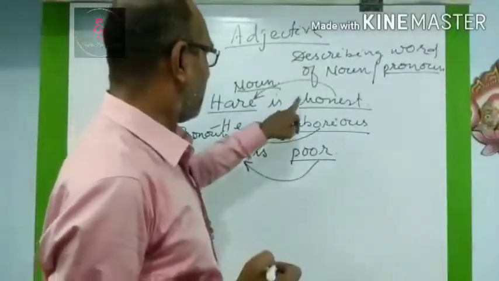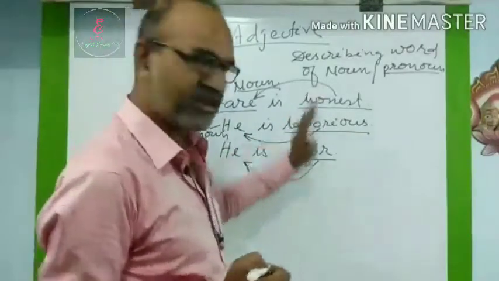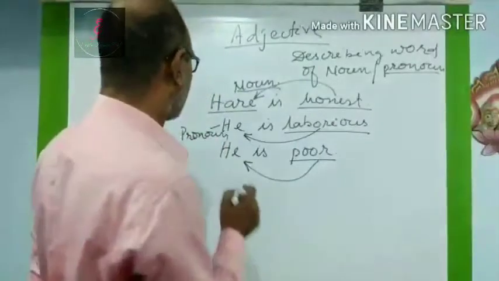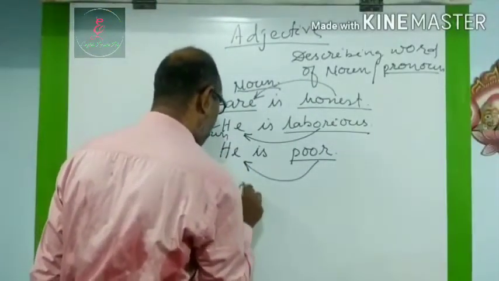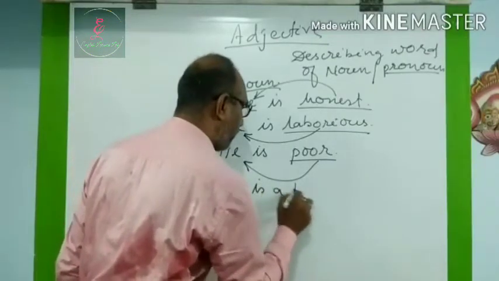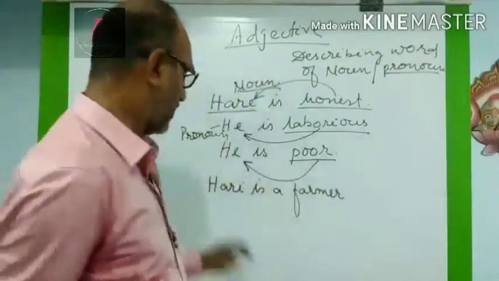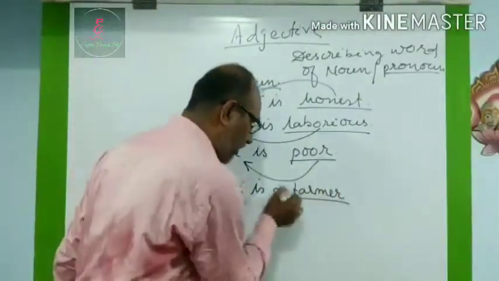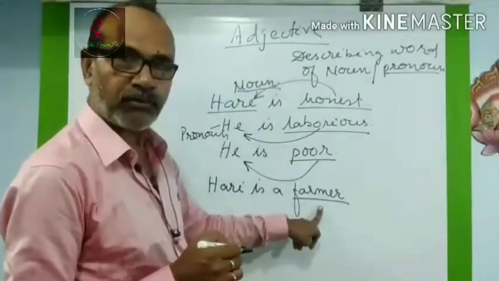Now, these honest, laborious and poor, all these are adjectives, but in a different way, if you see, if I write, Hari is a farmer. So this farmer is the objective form.